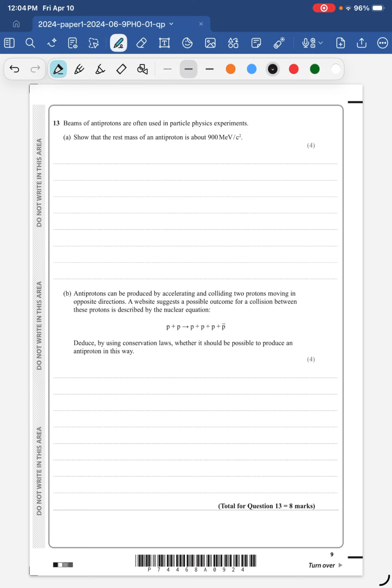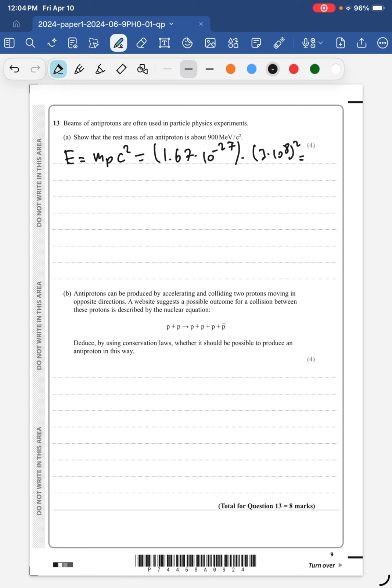All right. So, question A: show that the rest mass of an antiproton is about 900 MeV per c squared. Let's use our friend Einstein's E equals mc squared, arguably the most famous equation in physics. The mass of a proton is 1.67 times 10 to the negative 27 kilograms times the speed of light squared.